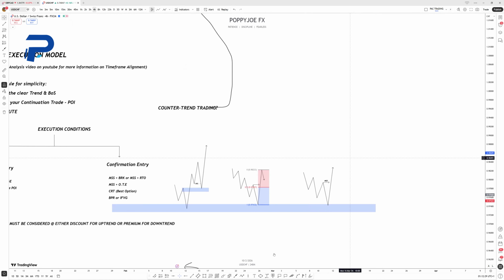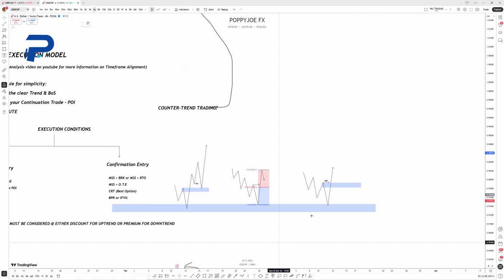So, and of course, we have MSS plus breaker. Now, the only instance I'll use the breaker, which is this neckline here, is if there's an inducement. So take note, I have two possible reasons, and I must mention it very clearly for you to know. When you use a breaker block, MSS plus breaker, if it's a POI, take note.